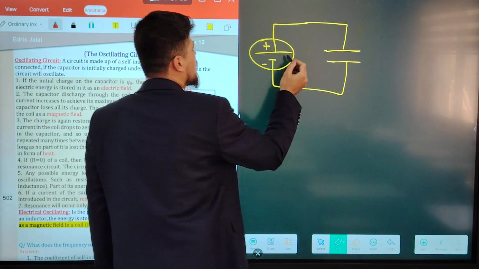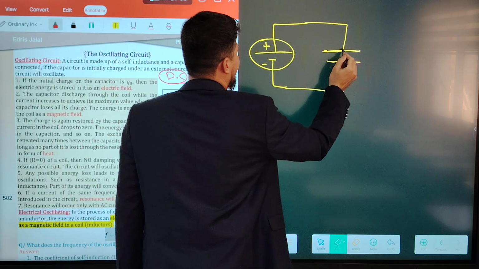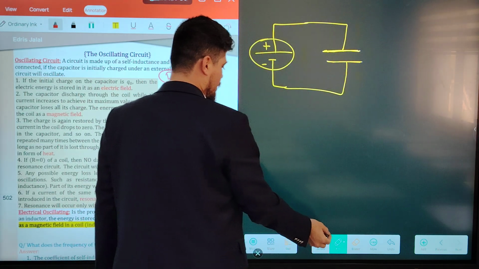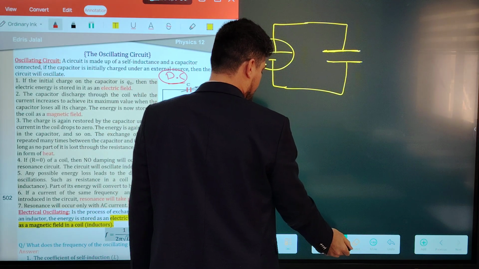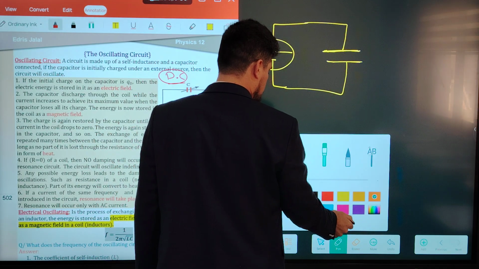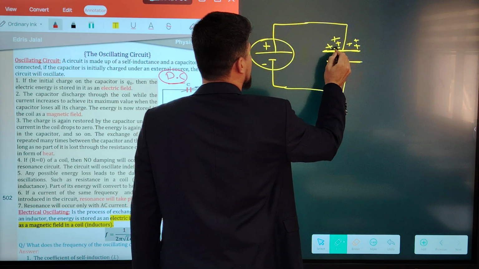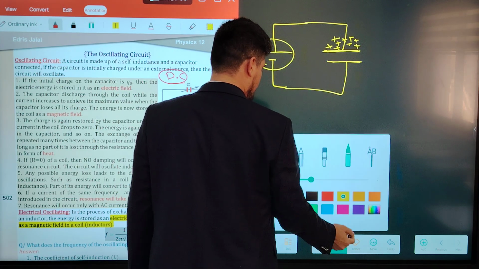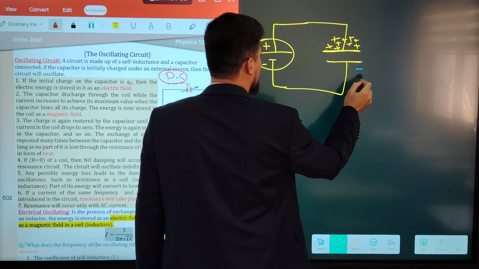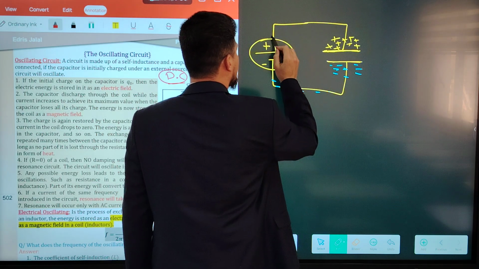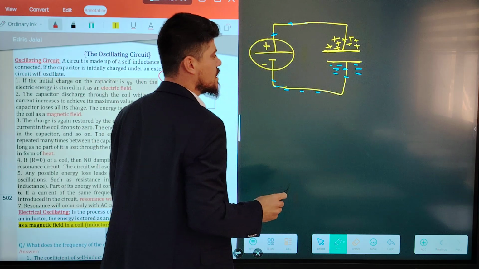When we charge the capacitor with the DC source, we can see that the capacitor becomes charged, and the positive charge accumulates here and the negative charge accumulates here, because the negative charge flows in this direction and the positive charge in this direction.